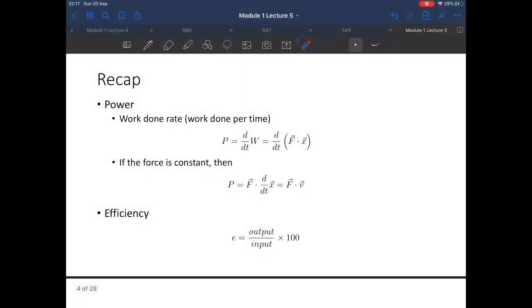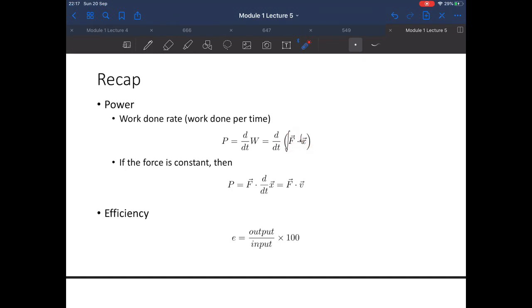We also talked about power last time. So power is the rate of change of the work. So P is equal to dW by dt. And because W is equal to, actually this has to be an integral. Yeah. So P is equal to d by dt of the integral of F dot dx.